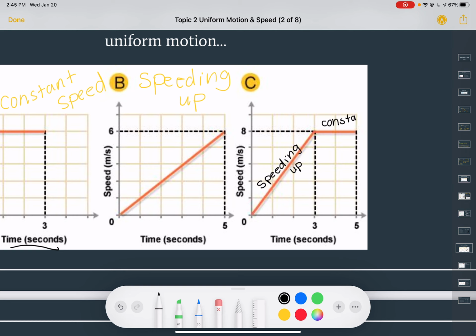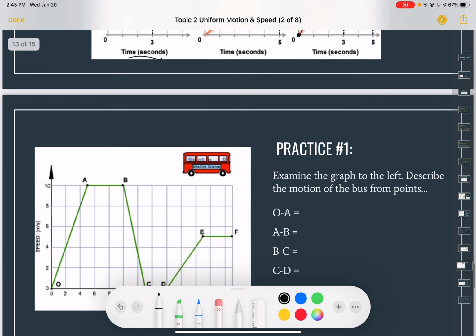So this might be more realistic to you driving your car where you're at a stoplight, it turns green, you start speeding up. Once you get closer to the speed limit, or let's hope, you start to level off and keep a constant speed. All right, so that's more realistic to obviously what would happen in real life.